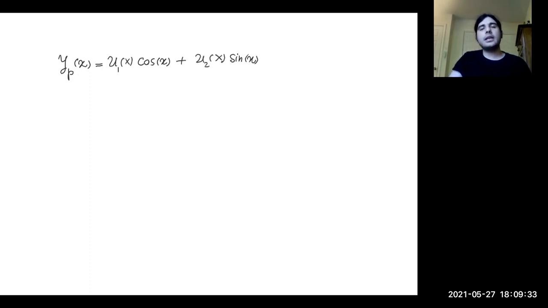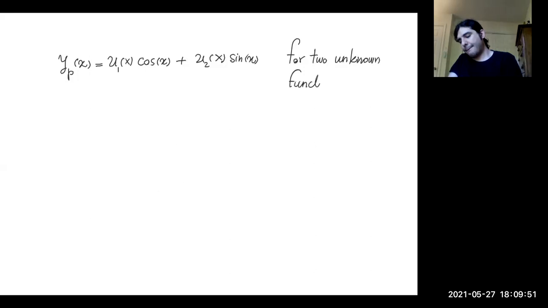And suppose there is a particular solution to the equation which has this form, for two unknown functions, u1 and u2. Now the goal is to find u1 and u2. We want to find what these functions are.